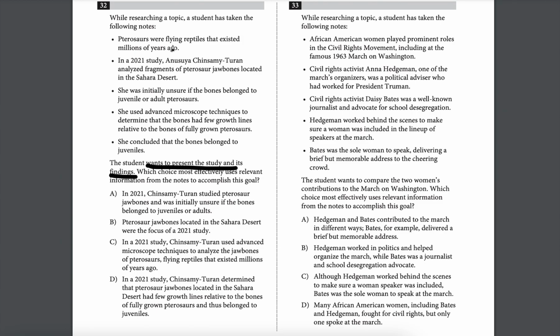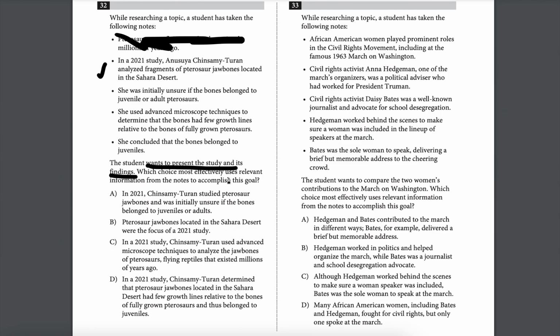Pterosauruses were flying reptiles that existed millions of years ago. I don't think that really portrays any findings or a potential study, so I'm going to cross that off. In a 2021 study, so obviously there's going to be some presentations here. This person analyzed fragments of pterosaur jawbones located in the Sahara Desert. That is a good topic for presenting the study.